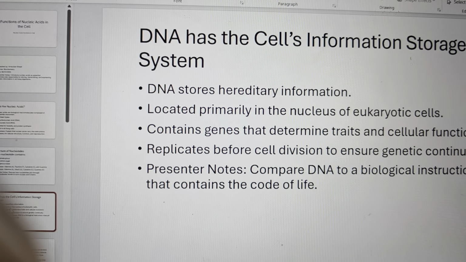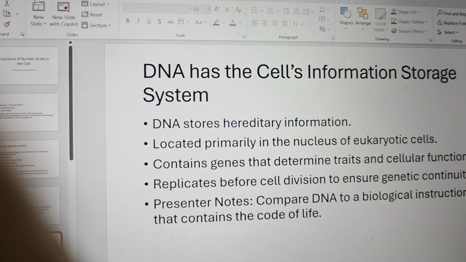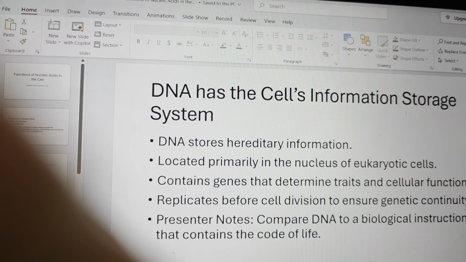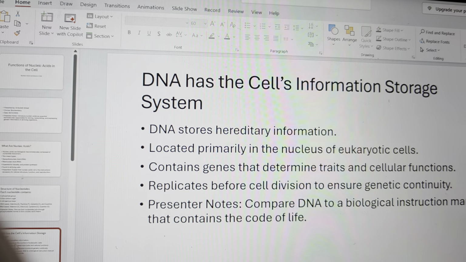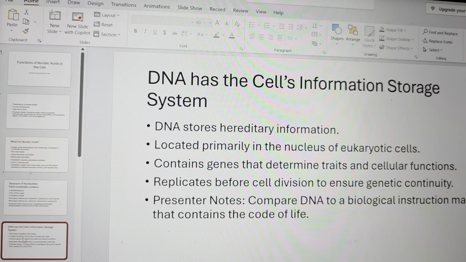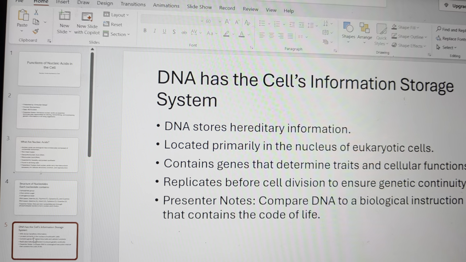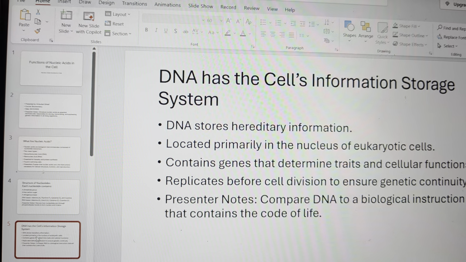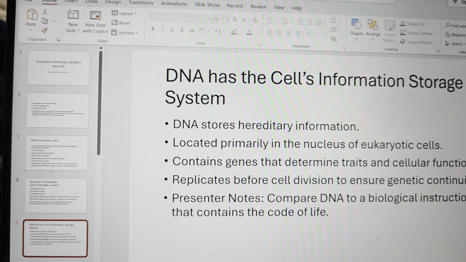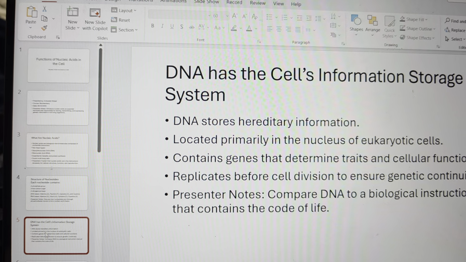The next slide is about DNA as the cell's information storage system and how it contains information about the cell. DNA stores hereditary information, that is, the transmission of traits from parents to offspring. It is located primarily in the nucleus of the eukaryotic cell, which controls the cell and is the center where all cell activities occur.